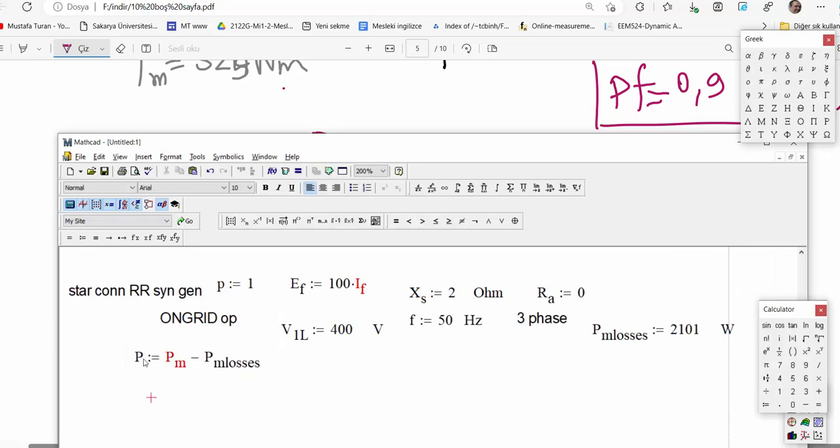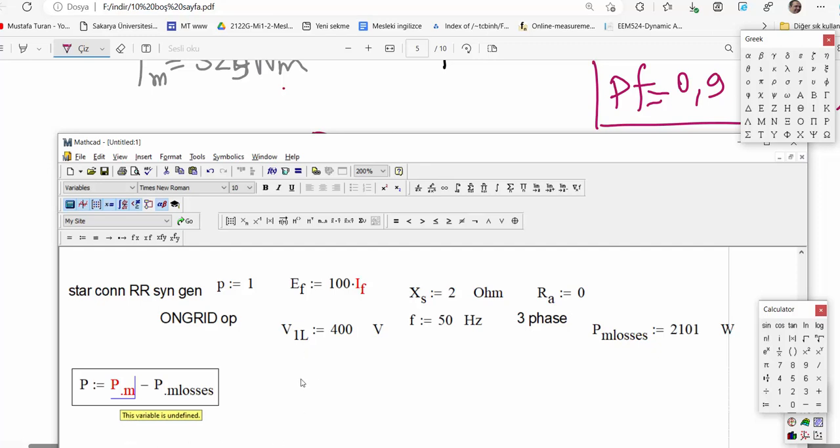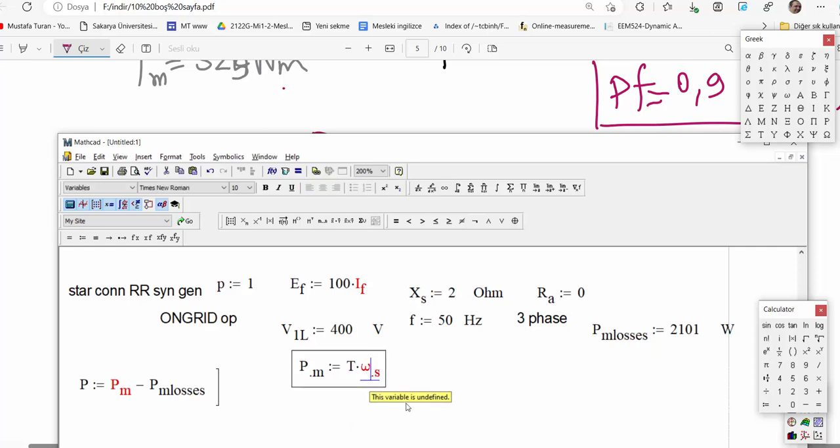Now in this case we need electrical output, but the mechanical input power is not known yet. Mechanical input power is equal to torque times angular speed. Angular speed is not known right now.